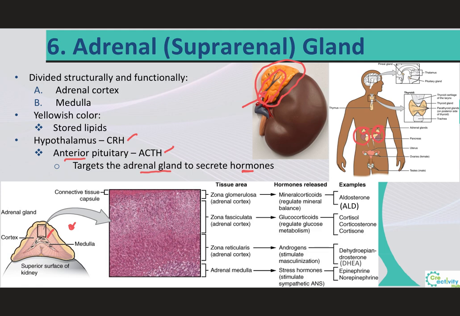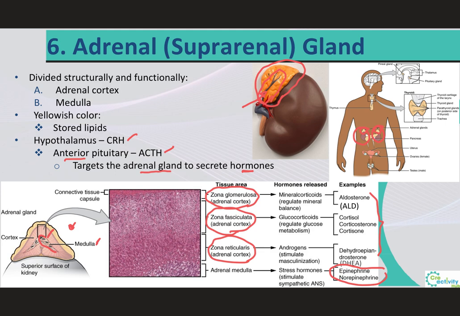We have the zona glomerulosa, the zona fasciculata, and the zona reticularis. In each of these different zonas or areas, they will secrete their own hormones. And then internally, in the middle, we have the adrenal medulla, which will then secrete its own hormones as well. And these are examples over here of the hormones that are secreted in each of these areas.